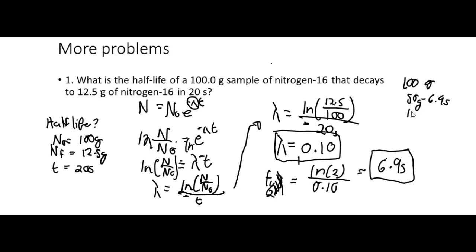Then 25 grams would be 13.8 seconds. 12.5 would be 13.8 plus 6.9, that would be 20.7 seconds.